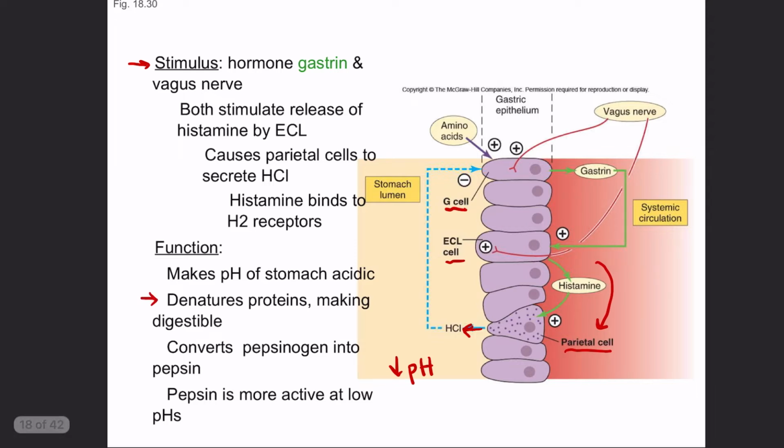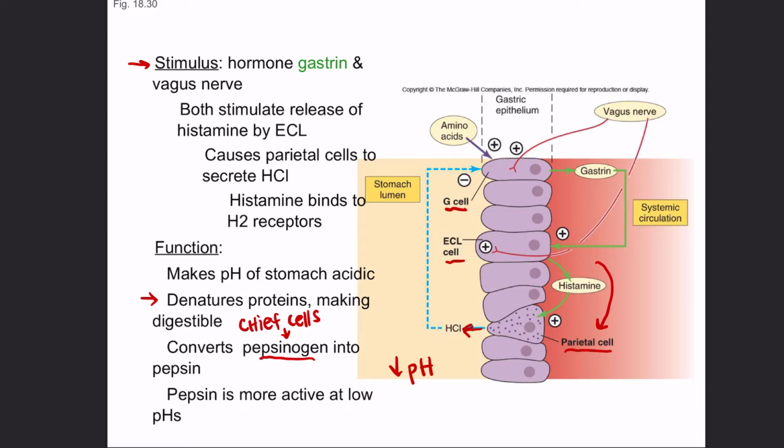be denatured. Remember that chief cells are going to release pepsinogen, and pepsinogen is in its inactive form. It is released in an inactive form because it is going to digest protein. That's its job, to digest protein.